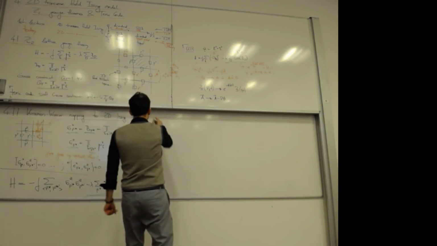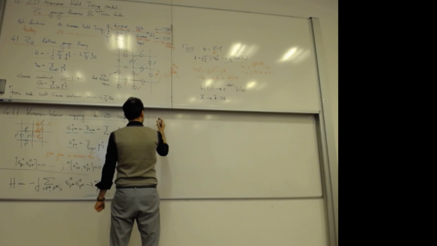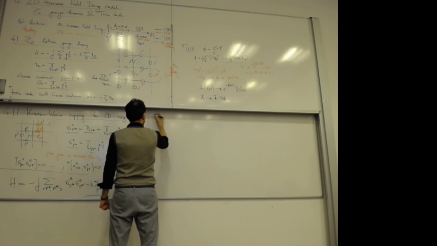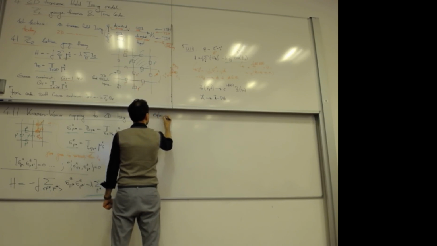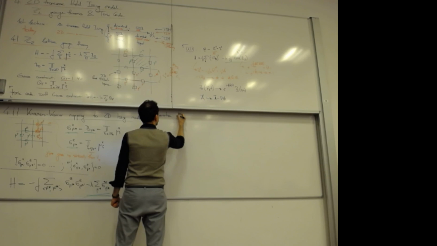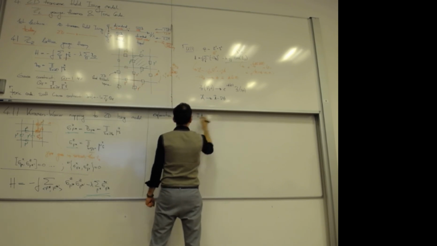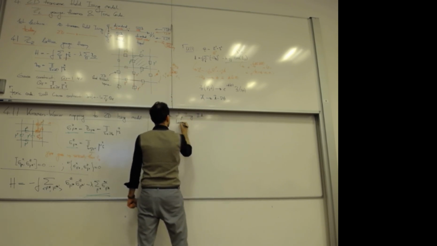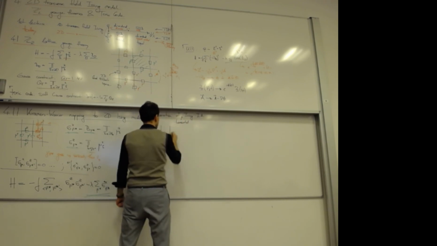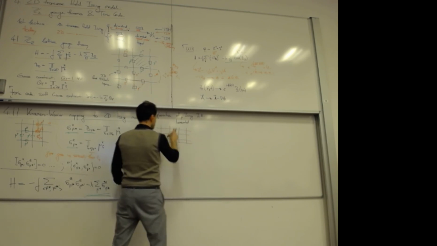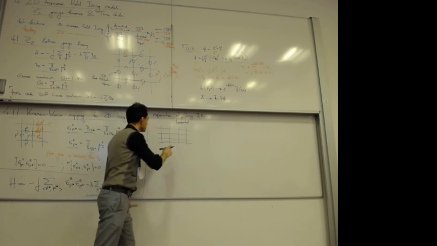Let's say we take an example of a horizontal Ising interaction.